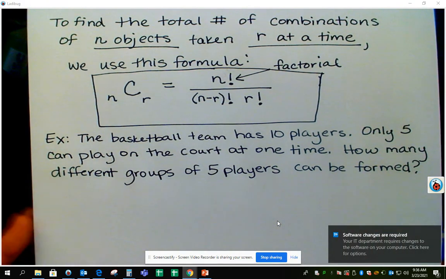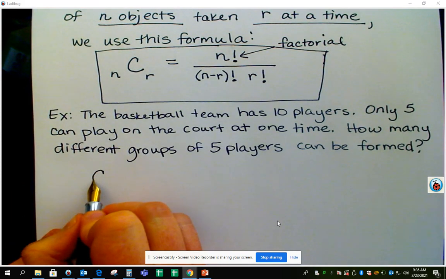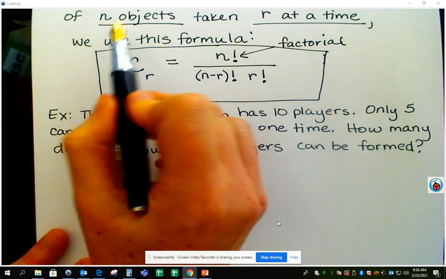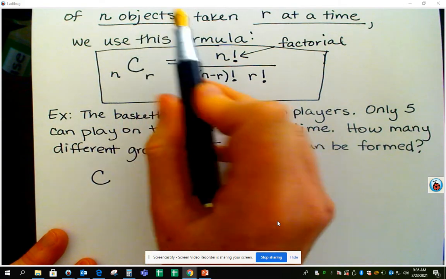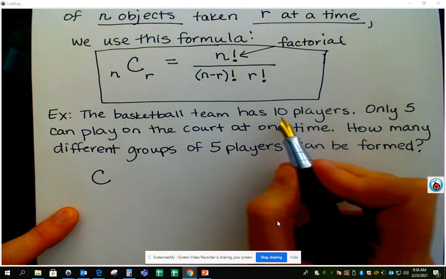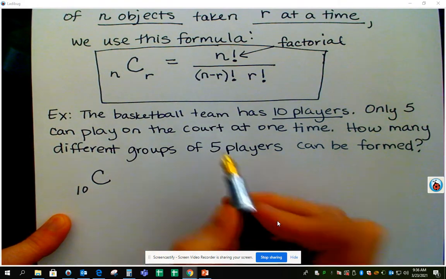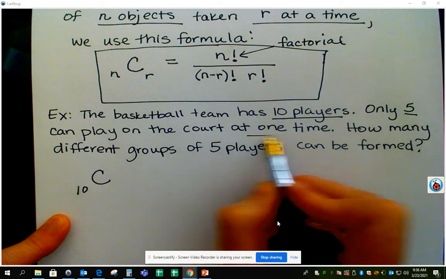Okay, so we're going to use our formula. We're going to put our C because this is a combination. It doesn't matter what order. And it says n objects taken r at a time. So our total number of objects goes here. We have 10 players. This is our n. And we're taking them 5 at a time. 5 at one time.